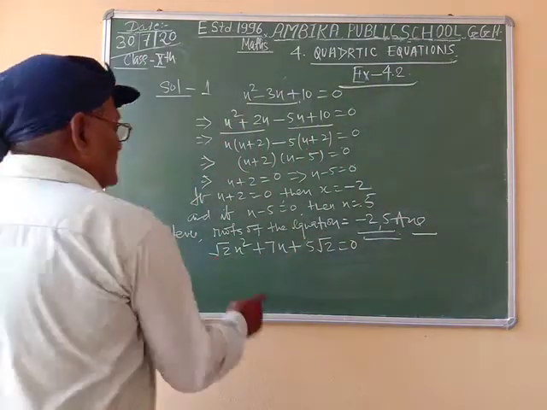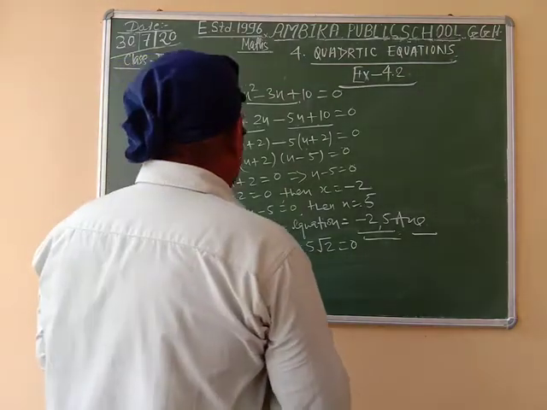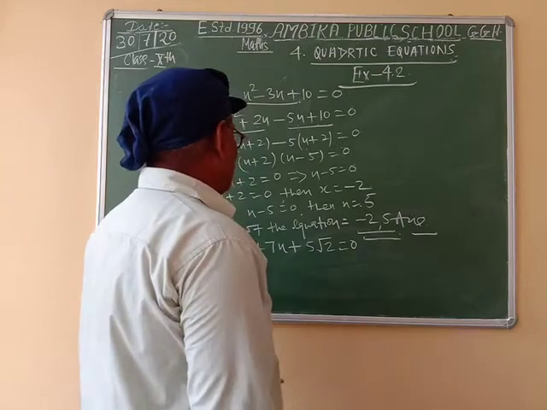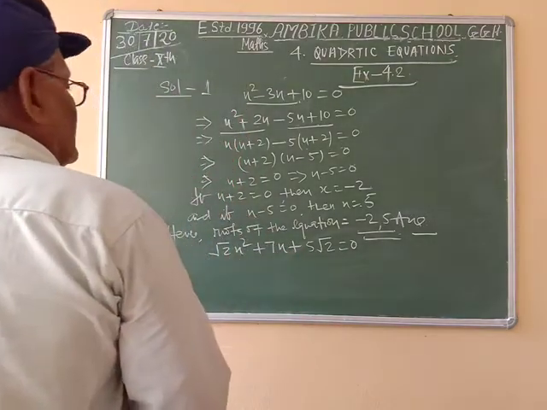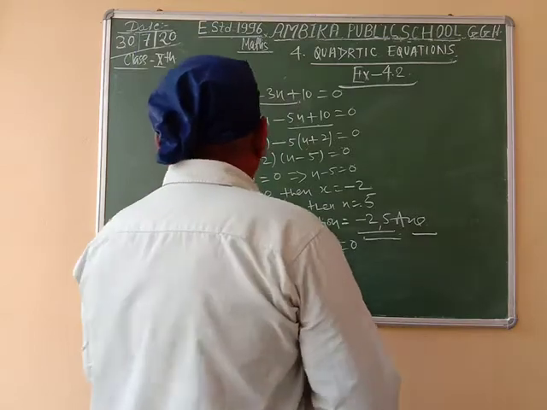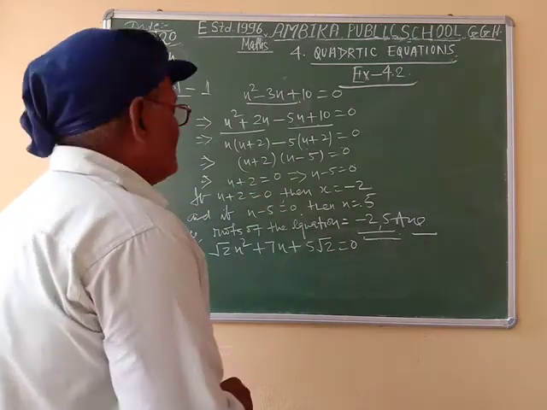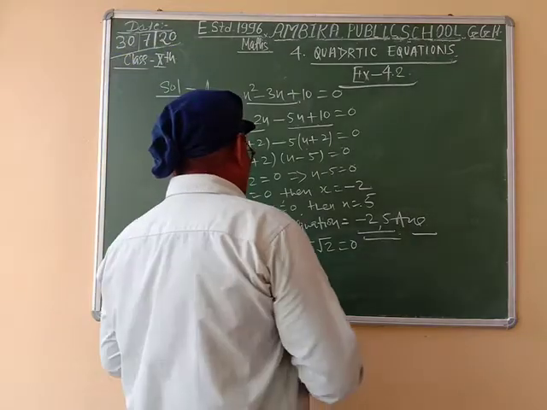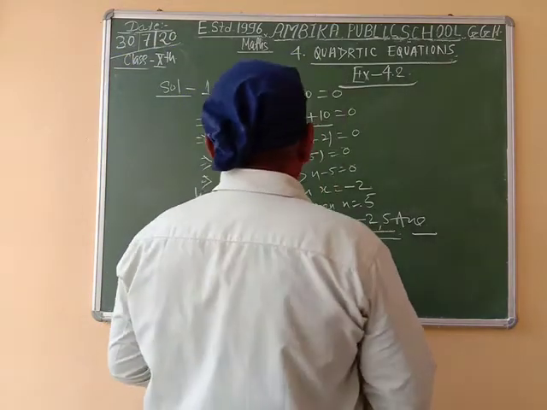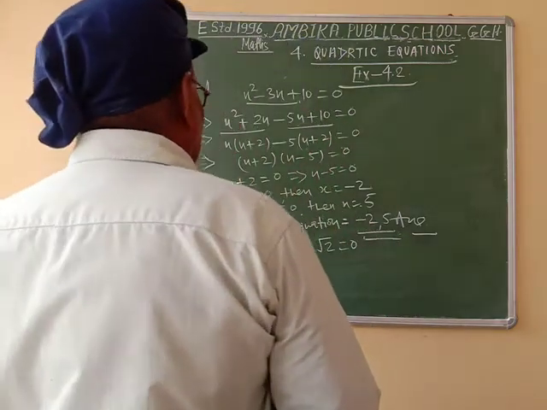First of all, we find such numbers whose sum is 7 and product is 10. These numbers are 2 and 5, because if we add 2 and 5, we get the sum 7, and if we multiply them, we get 10.